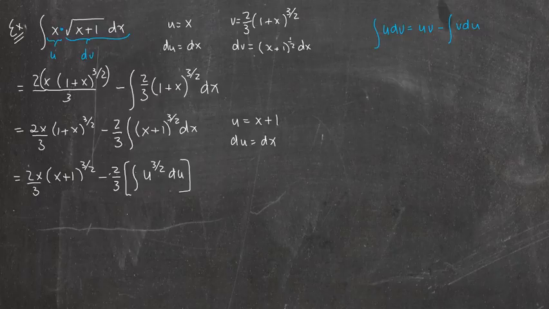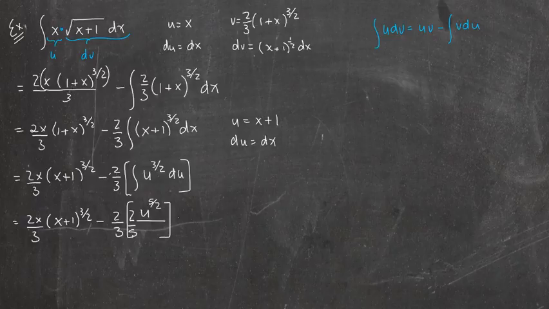And now take the antiderivative here, and I get 2x over 3 times x plus 1 to the 3/2 minus 2/3. Well, the antiderivative of u to the 3/2 is u to the 3/2 plus 1 is 5/2 over 5/2, which is 2/5, plus c because I've taken the antiderivative.